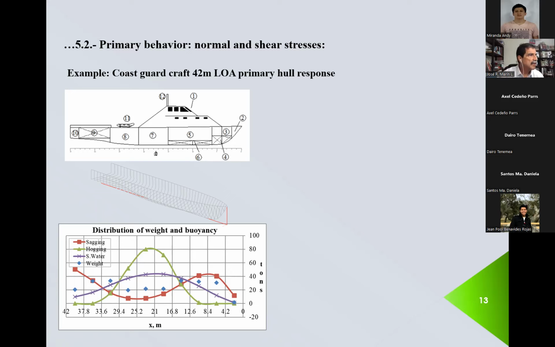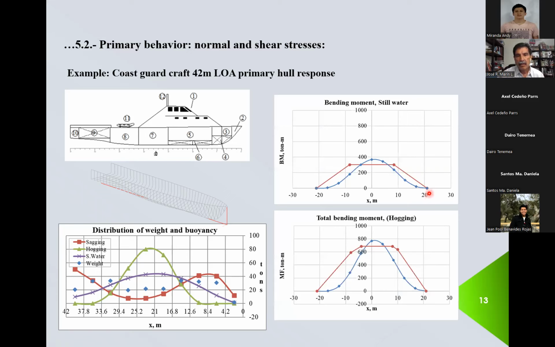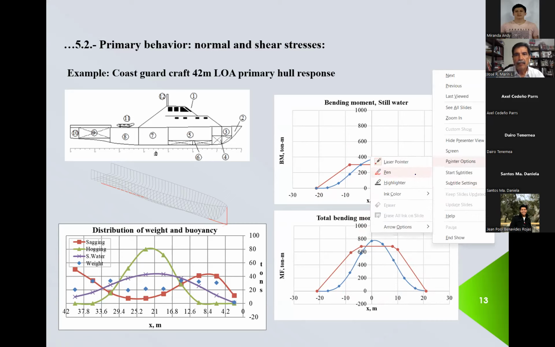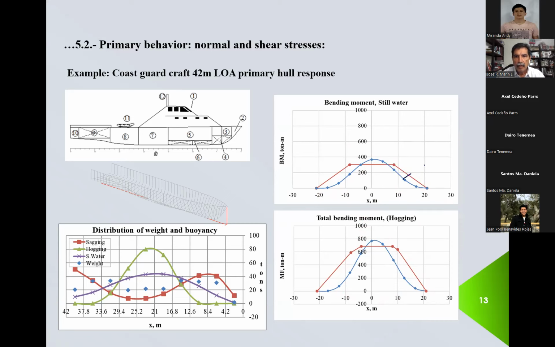Okay, let's spend a couple of seconds here before we take a break. And here, in blue, we have the bending moment from the effective wave, and in red from DNV.